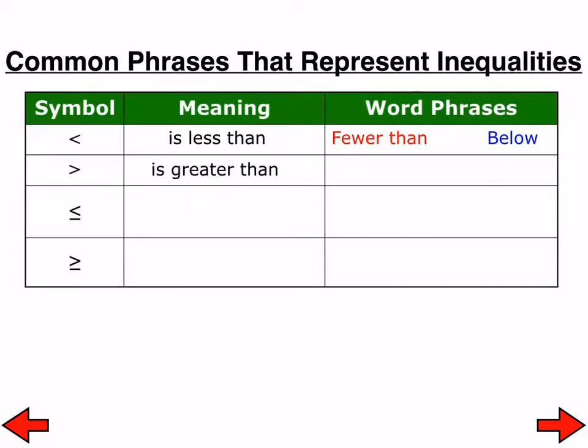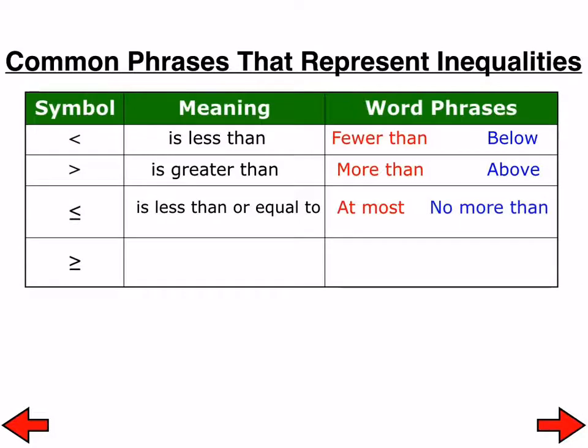The greater than symbol: is more than, is above. And I think we saw a couple of those in that first 8. Less than or equal to: at most, no more than. Greater than or equal to: at least, which means the same thing, or no less than.